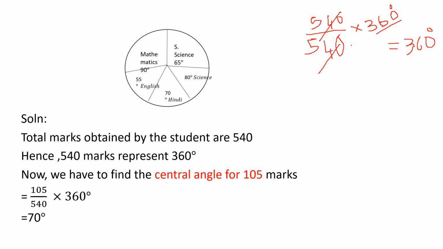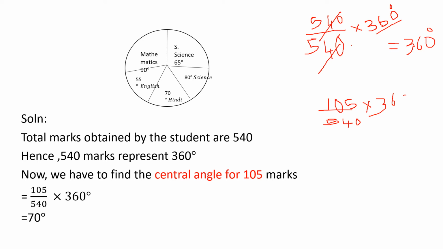That's why we are getting 360 degrees. So the total mark is 540, and the mark given is 105. We want to find the central angle, so 105 into 360.